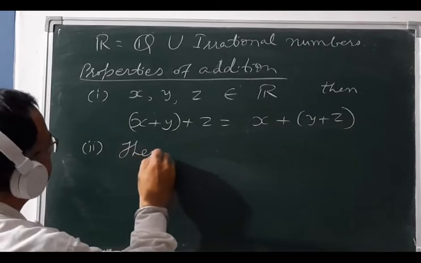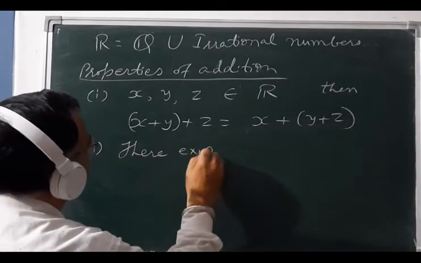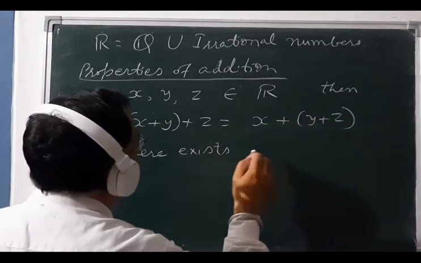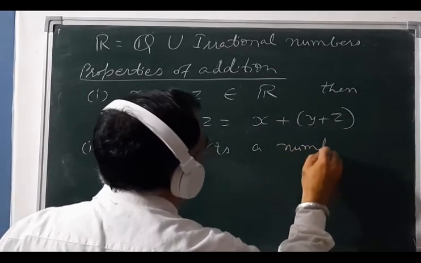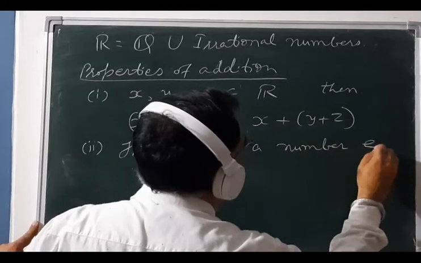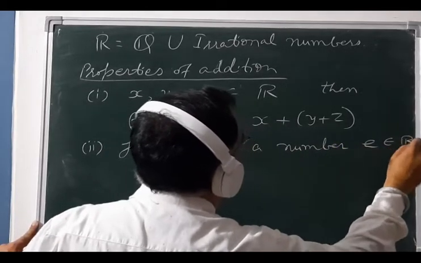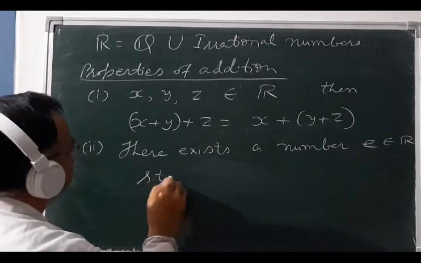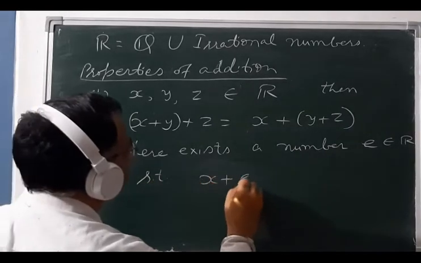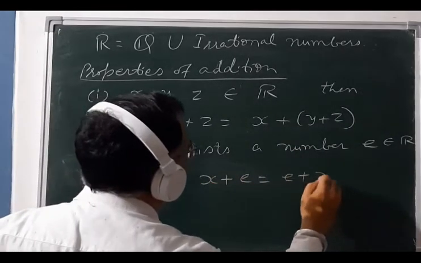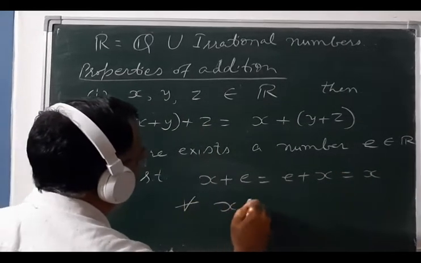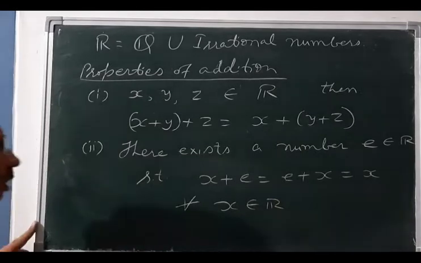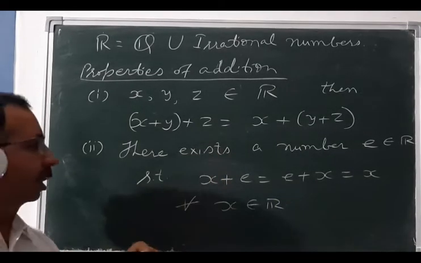Second, there exists a number e in R such that x plus e is equal to e plus x is equal to x for all x in R. So there is a number which is called the identity.